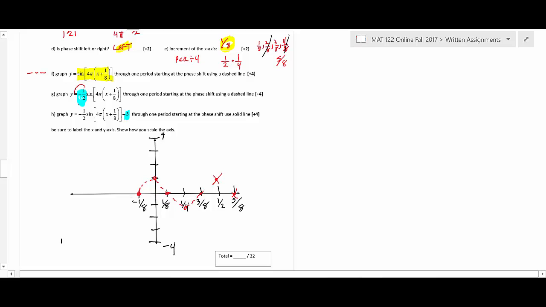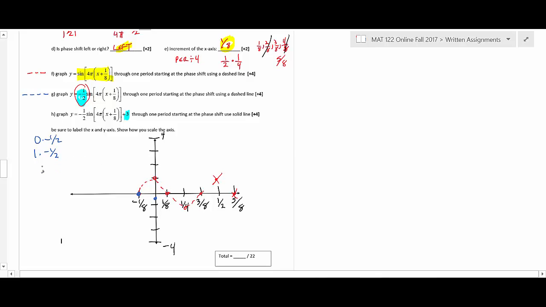Okay, now we're going to tie in this piece. So I'm going to do this like in, say, blue. And this multiplies the y values by -1/2. So you want to do this in your head. So you're doing really 0 times -1/2 is still 0. This is 1. 1 times -1/2 is -1/2. So that moves there.